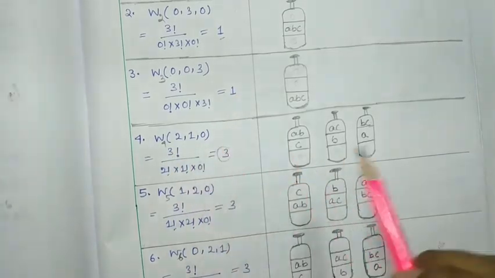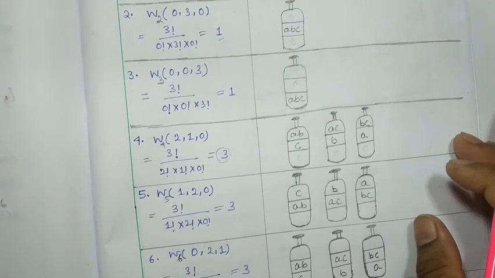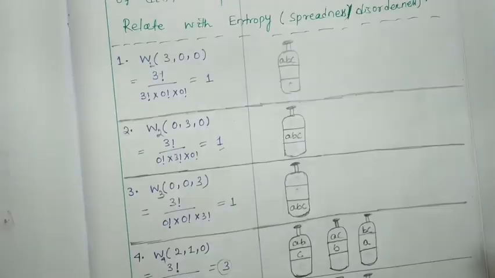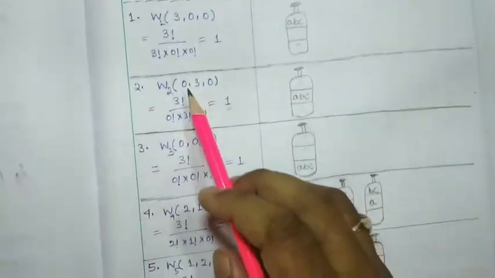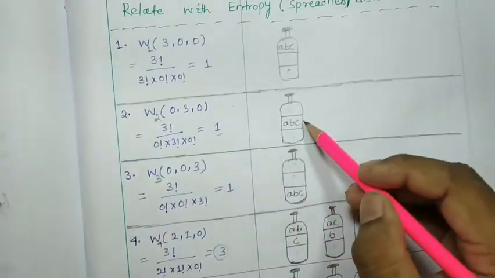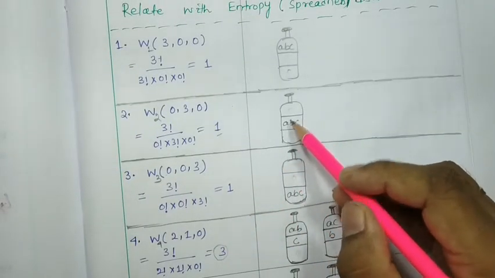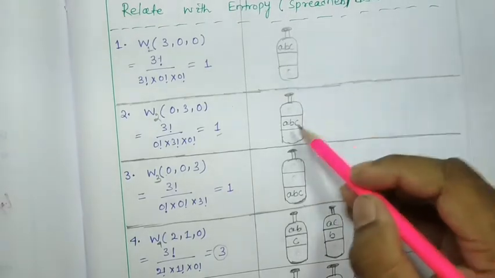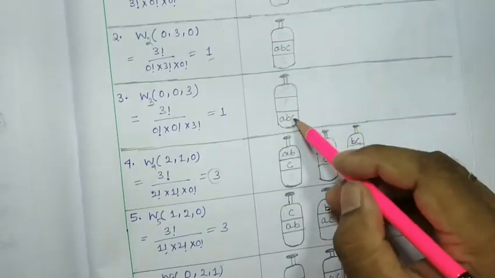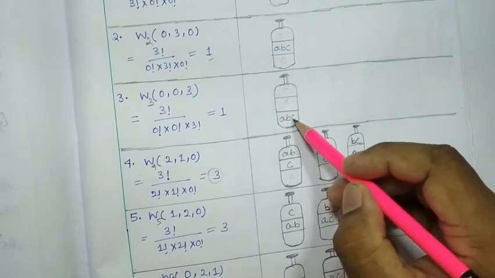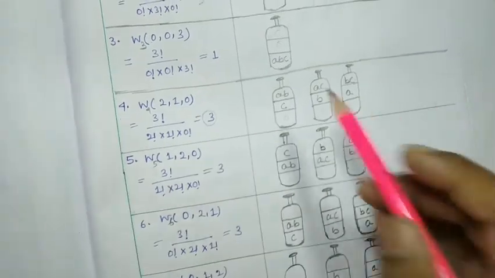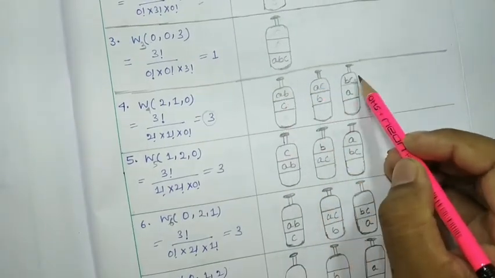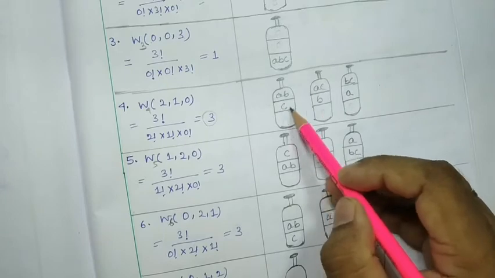Here you can observe the spreadness of the particles inside the cylinder. For these 3 cases, 300, 030, 003, all the 3 particles are in the same compartment, one compartment. But in case of 210, only 2 particles are in the first compartment and another particle is in the second compartment.